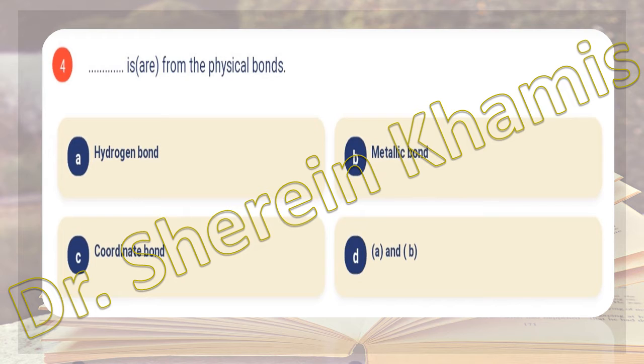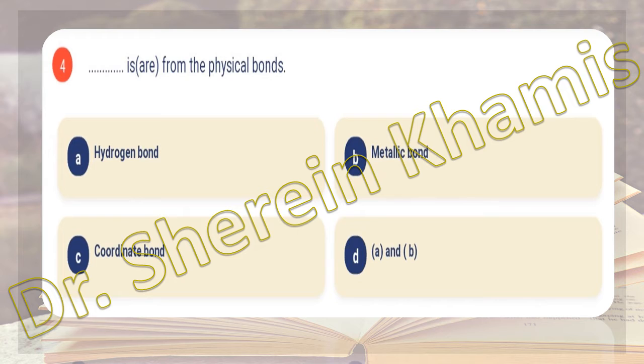The other kind is physical bonds, and we have two types here: the hydrogen bond and the metallic bond.